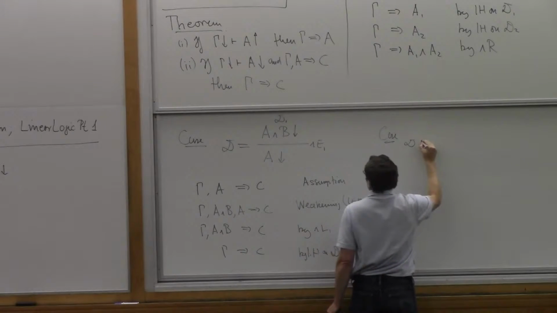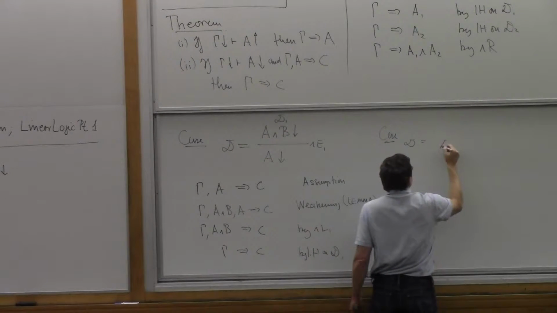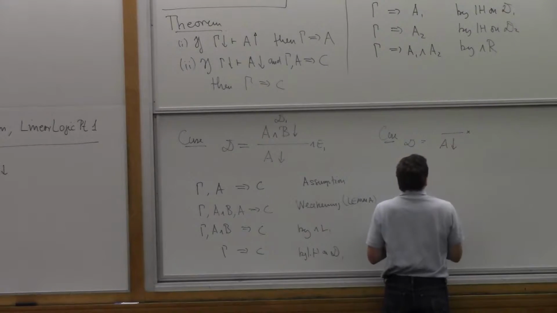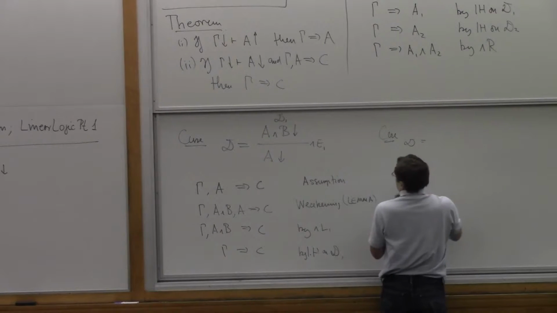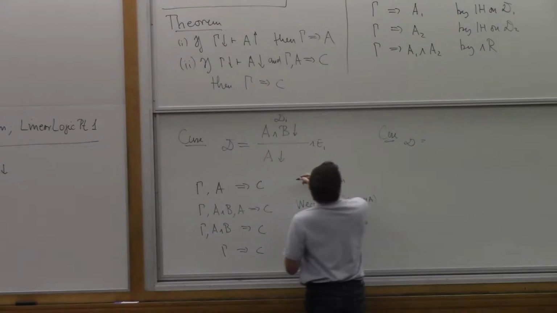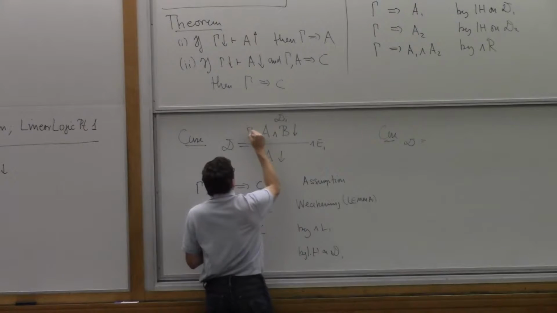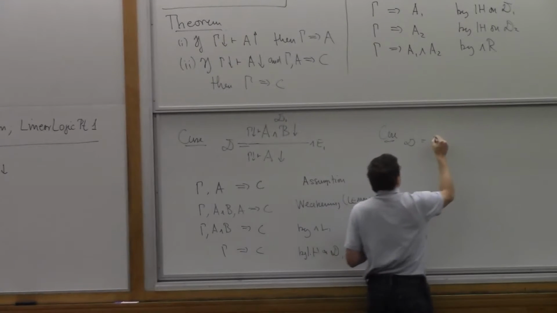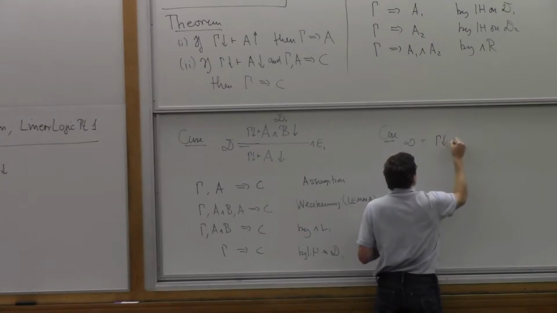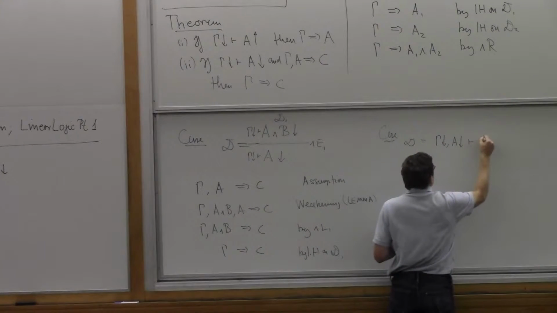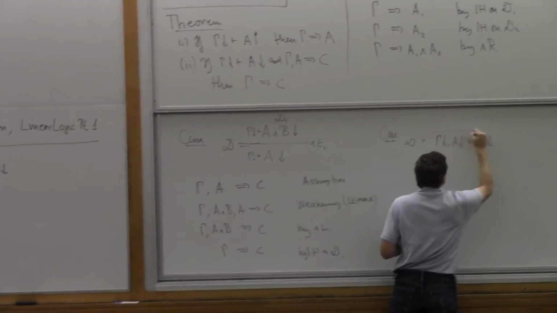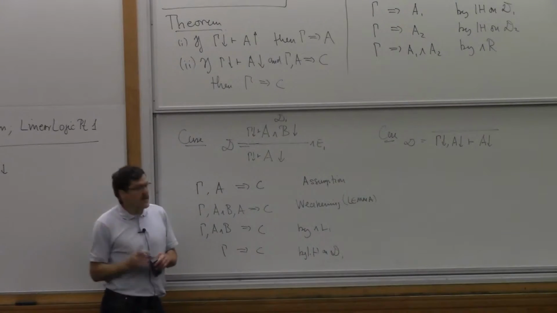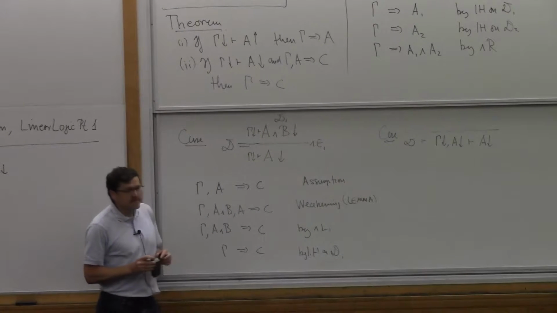So the derivation D actually is A down was justified as some kind of an assumption, which actually looks like, if you write it in this localized form, which I probably should have done here, sorry. So if you have the assumption together with A, then we conclude A. Okay. So that would be the base case, right? Because we don't go above that. Okay. So what happens in that case?